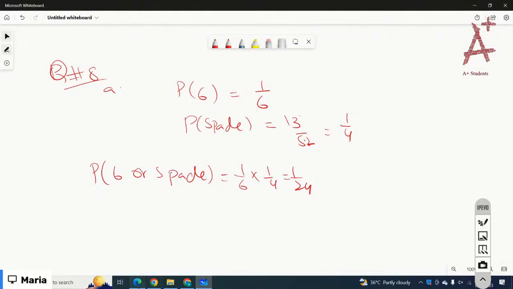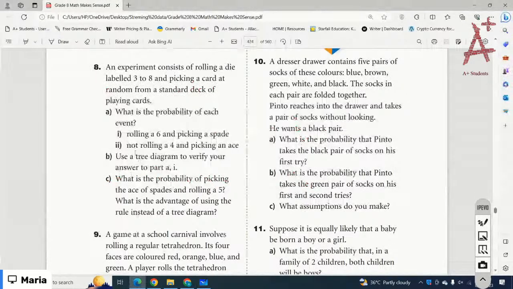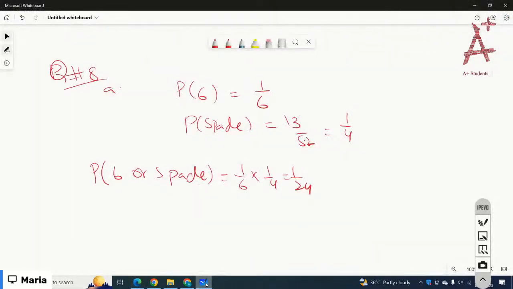Okay, the B part is not rolling a 4 and picking an ace. So if you are not rolling a 4, that means you are rolling the other 5 numbers, right? Probability of not 4 would be 5 over 6, because other than 4 you have 5 options.